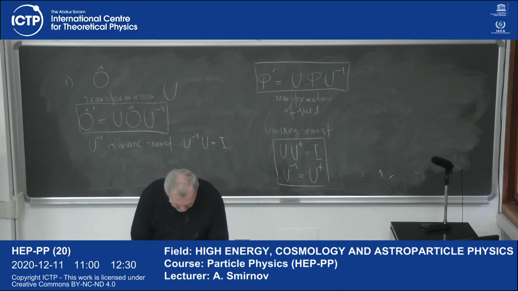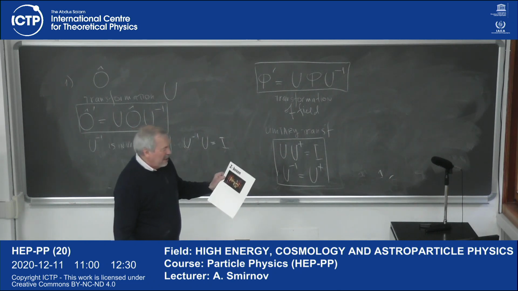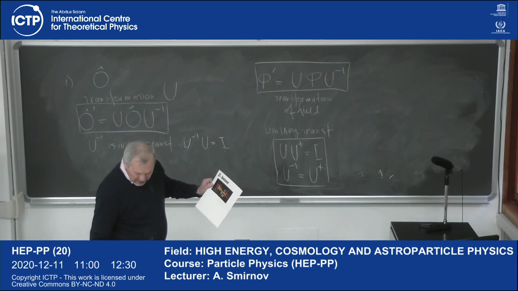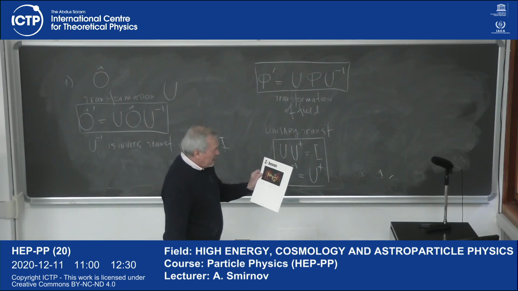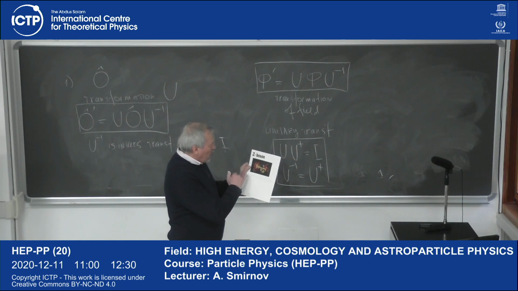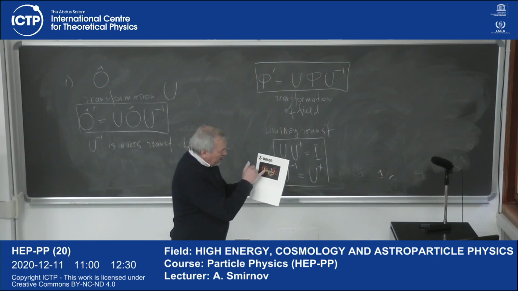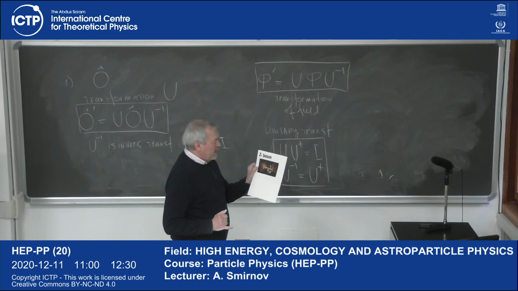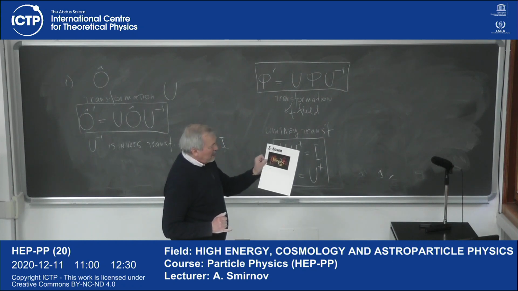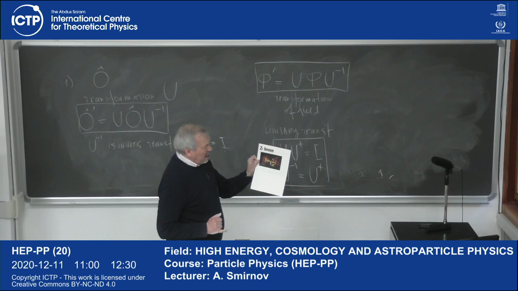I probably will show you some more pictures in the end. This is the discovery of the Z boson. I probably should have shown this before. This is the UA2 detector, and here you see many secondary hadrons, and then two long tracks, which correspond to, say, an electron and positron produced from Z0 decay.